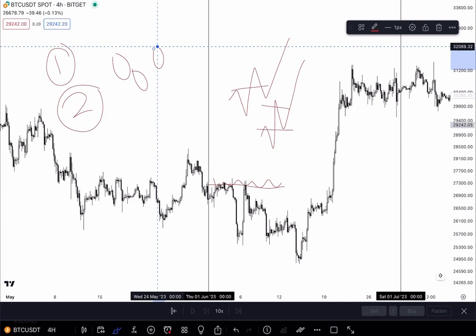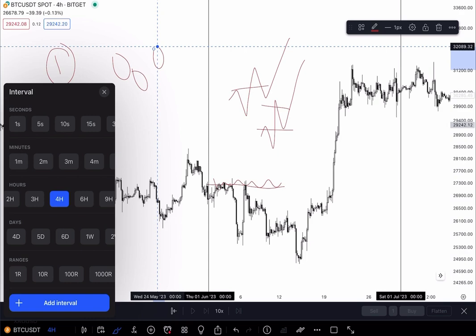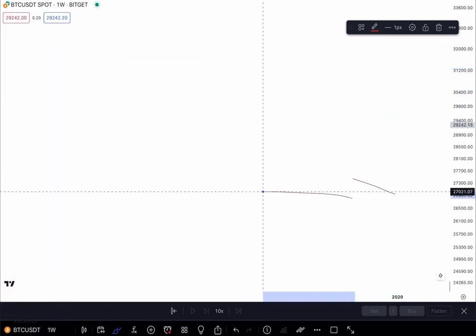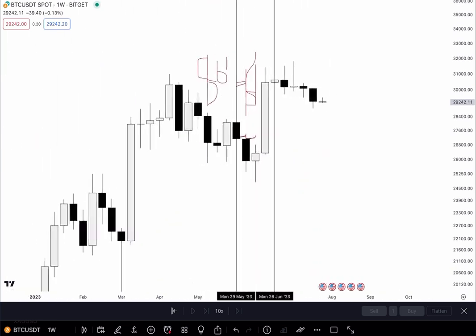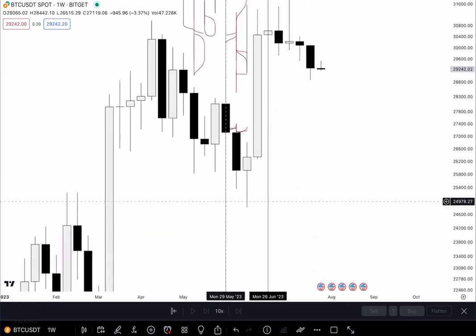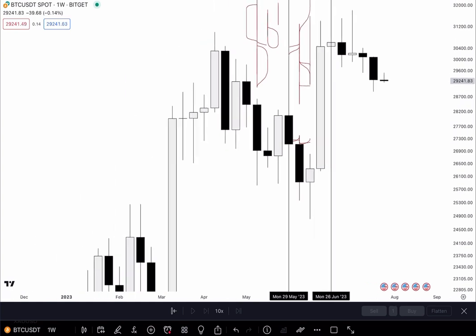Right? Accumulation, manipulation, distribution. Let's see what that looks like. Week 1 is done. Week 2, accumulation, manipulation, distribution. Right?